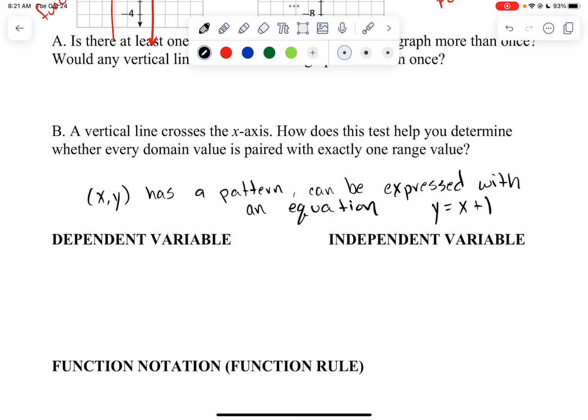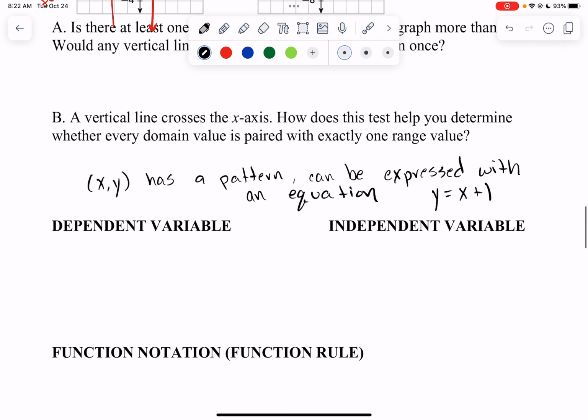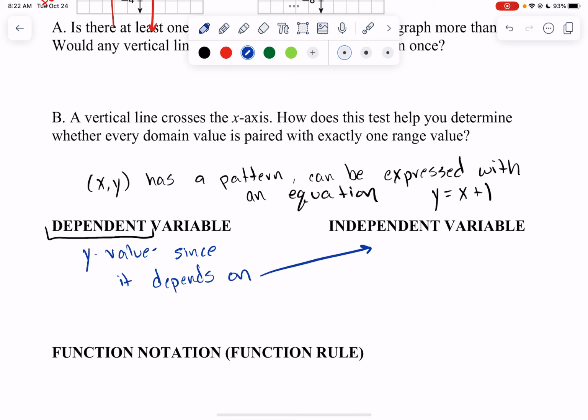Because my y value depends on what my x is, the dependent variable is my y. Dependent variable, in this case, is my y value, since it depends on x.